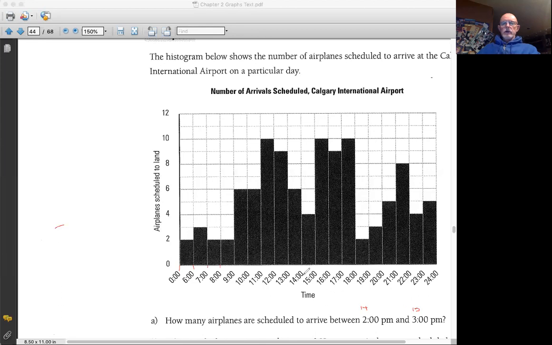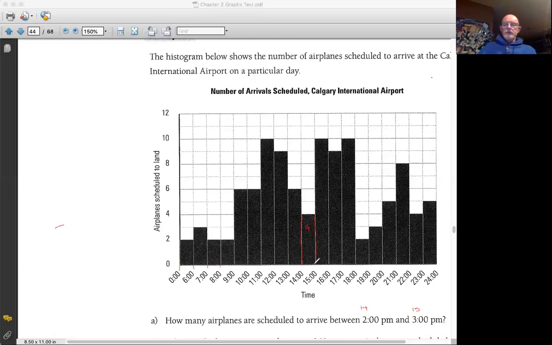So this is the time frame between this line and this line that they're talking about. This is what I mean by a range. This is a range of time. It's a range of an hour. And so the obvious answer to this is 4.